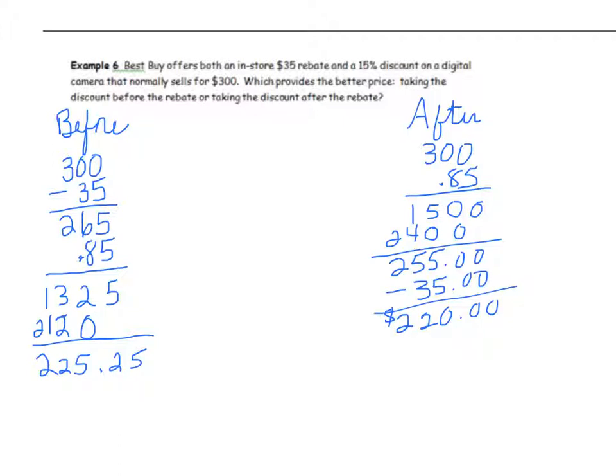All right? So if I write this as a function, the f of x function would be the price minus $35. The other function would be the price times 0.85, right? So which is which? Well, if I do the rebate first, that would be this one.